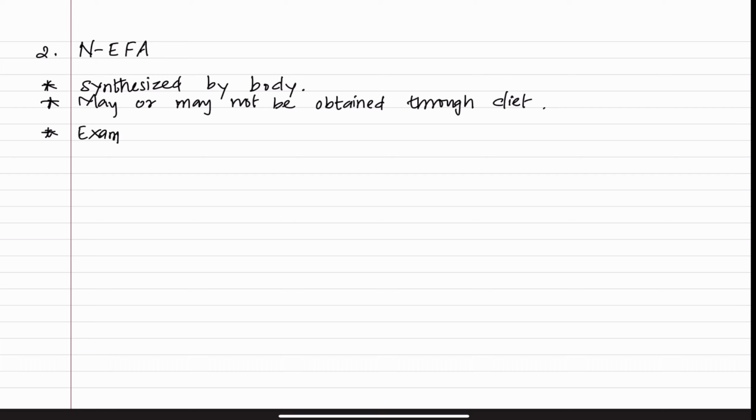Examples include palmitic acid and oleic acid. Mostly found in plant and animal fat.